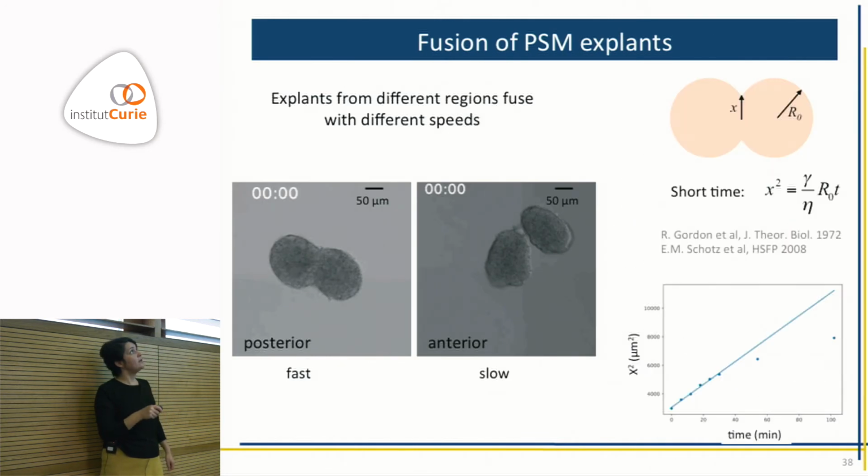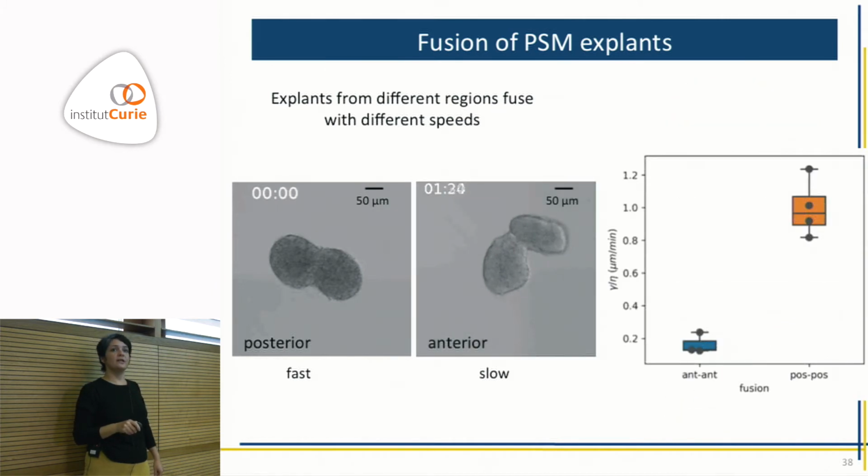So to analyze this, what we do is measure the radius of the neck over time, and we use this equation to get this value, which is gamma over eta, surface tension over viscosity, for these fusion experiments. And we see that there is a big difference between the anterior and posterior explants.